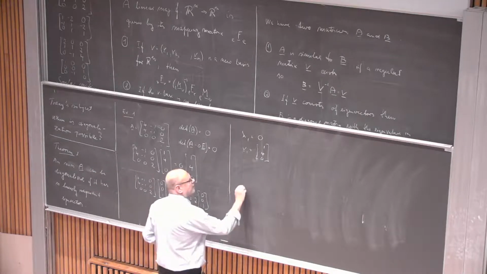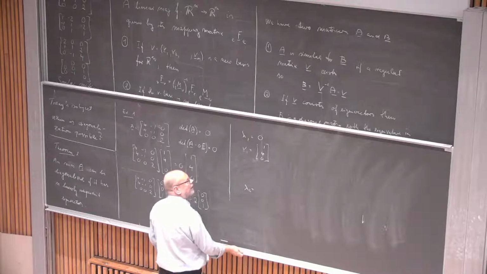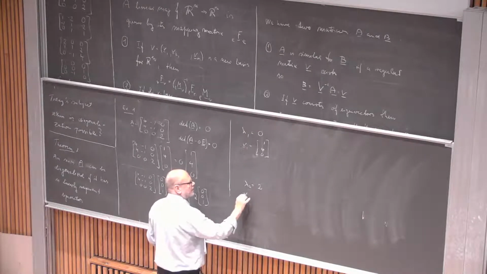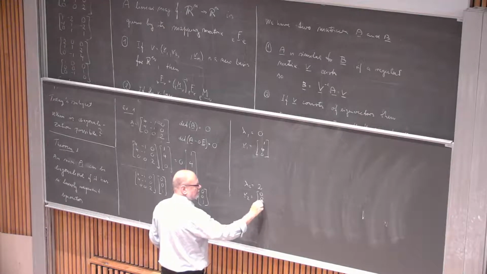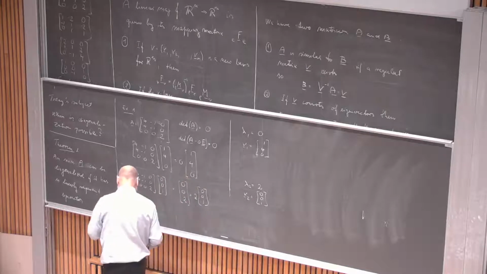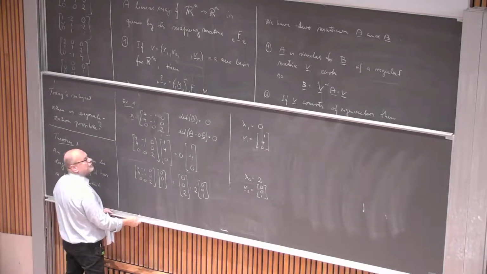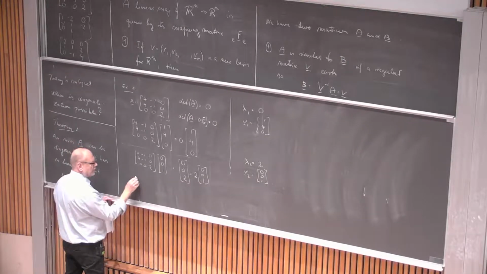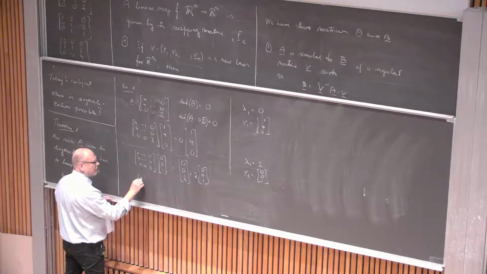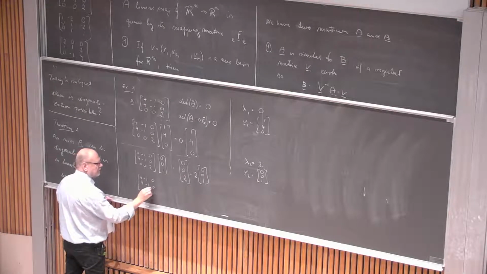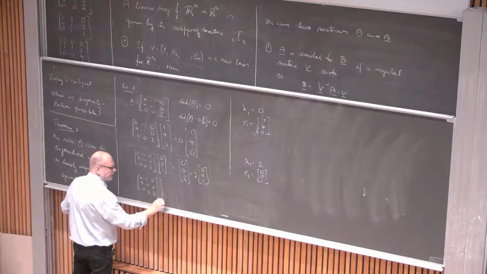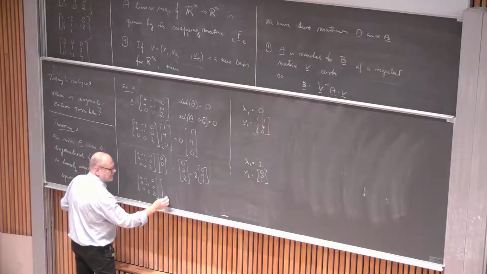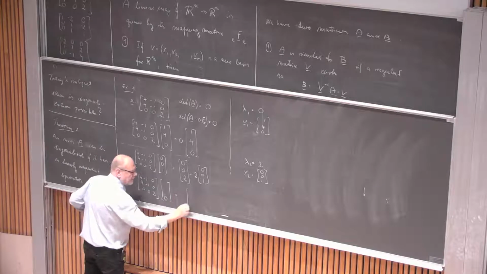So I have that lambda 2 is equal to 2, and then this will be 0, 0, 1. Let's see if we can get the final one. We have 4, minus 1, 0; 4, minus 1, 0; and then 0. If again we choose 0 here, then this should be okay.